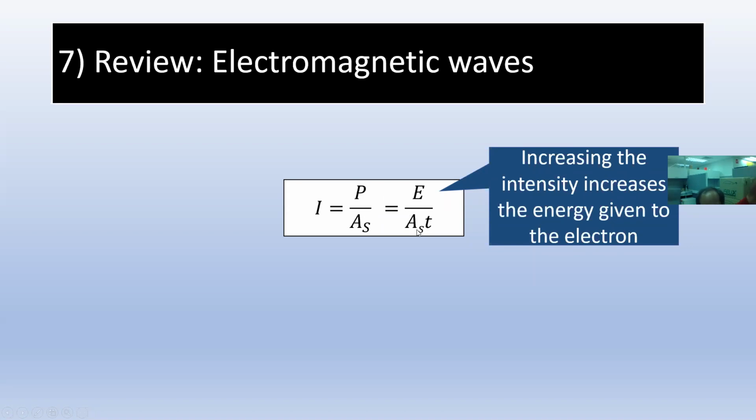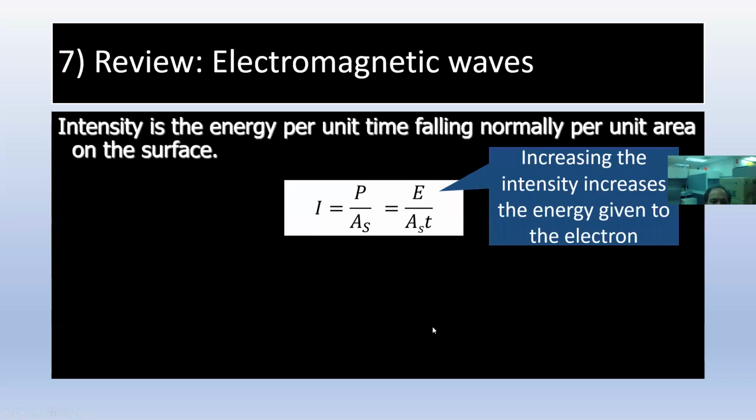Remember the intensity, light is energy. The wave is falling normally on the surface. So we can see that increasing the intensity increases the energy given to the electron. That's our definition for intensity, energy per unit time falling normally per unit surface area.